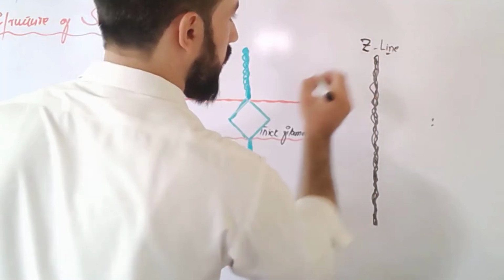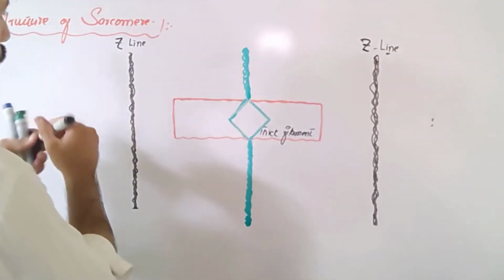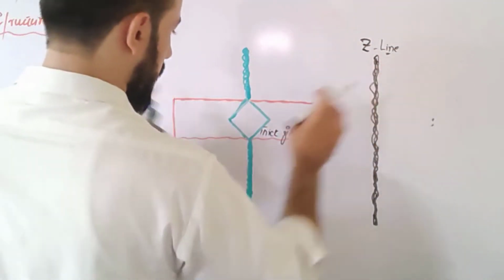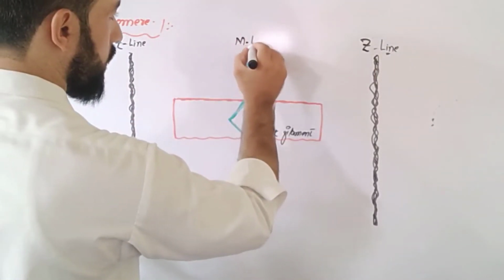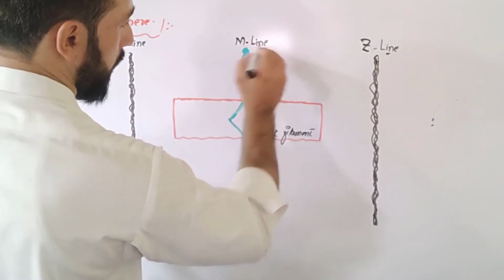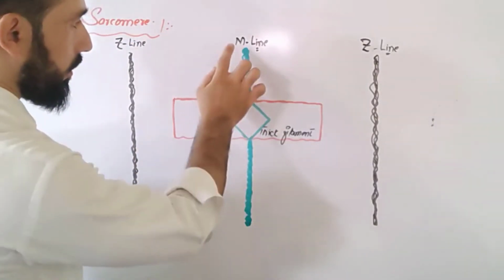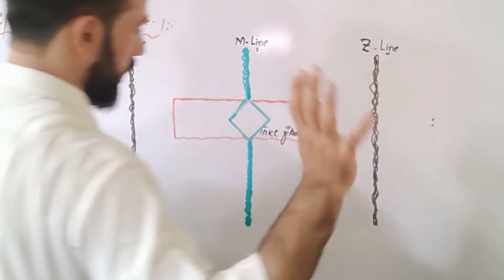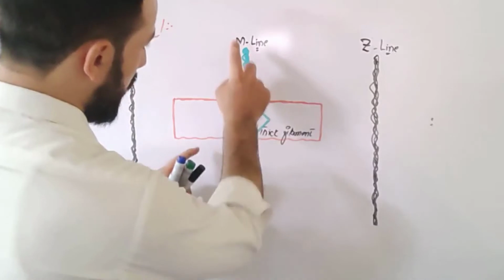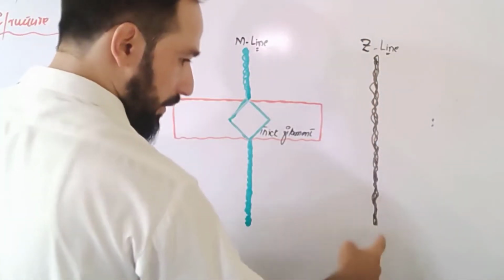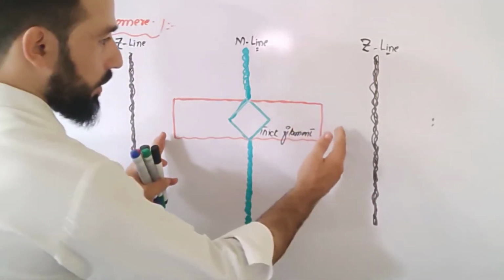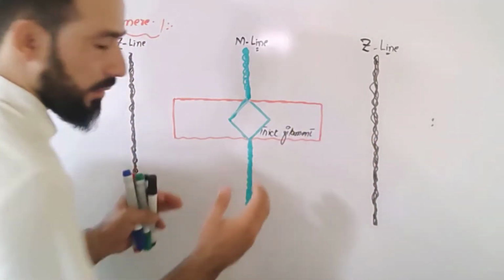Sorry, these are called the Z lines. So in between the two Z lines, right, there is a central line which is called the M line. This is M line, right? I will tell you about the meaning of all these in the end. So this is our M line. So one M line is present in between the two Z lines, right? And in between the two Z lines there is a thick filament, right?